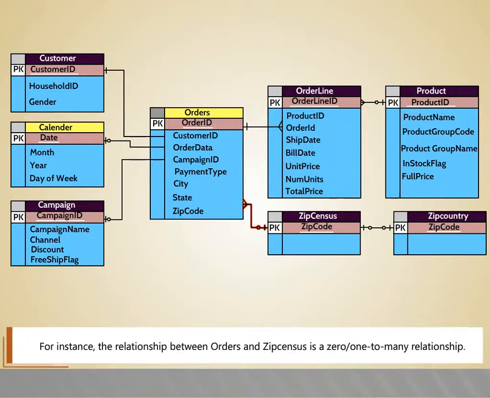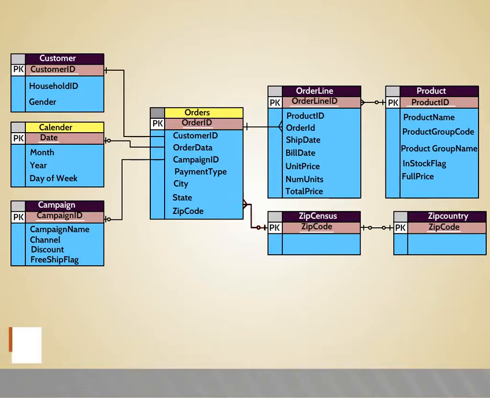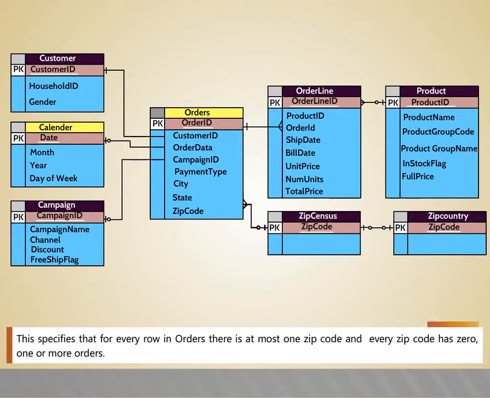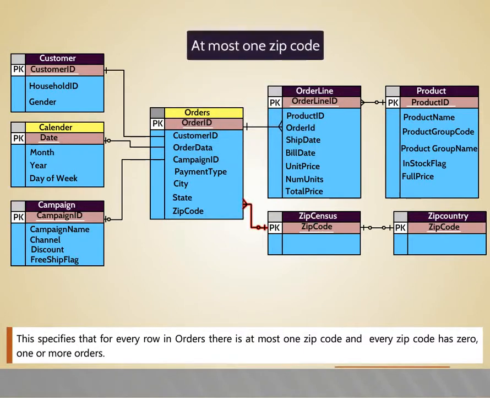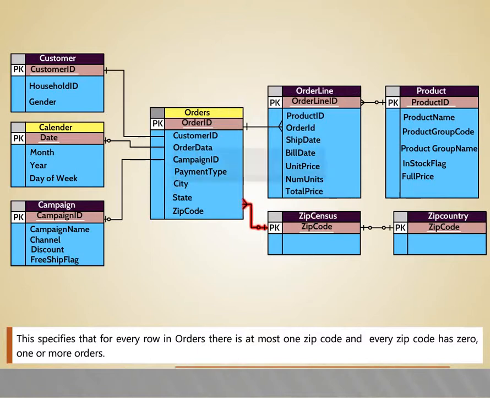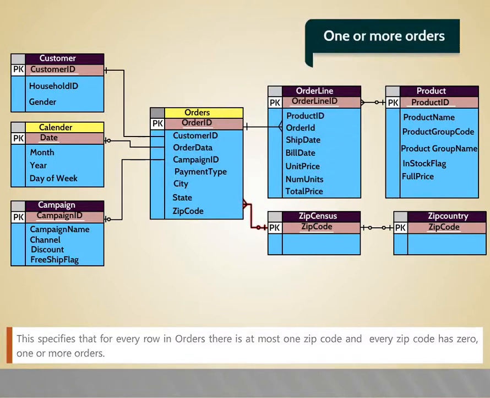For instance, the relationship between orders and zip census is a 0 or one-to-many relationship. This specifies that for every row in orders, there is at most one zip code, and every zip code has 0, 1 or more orders.